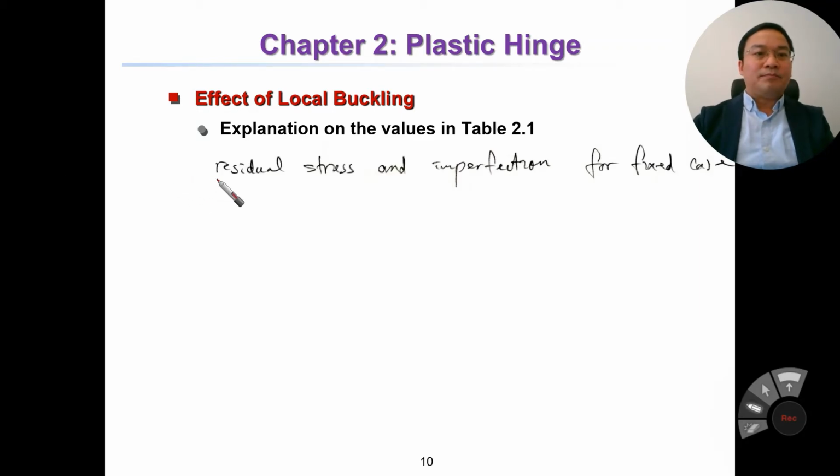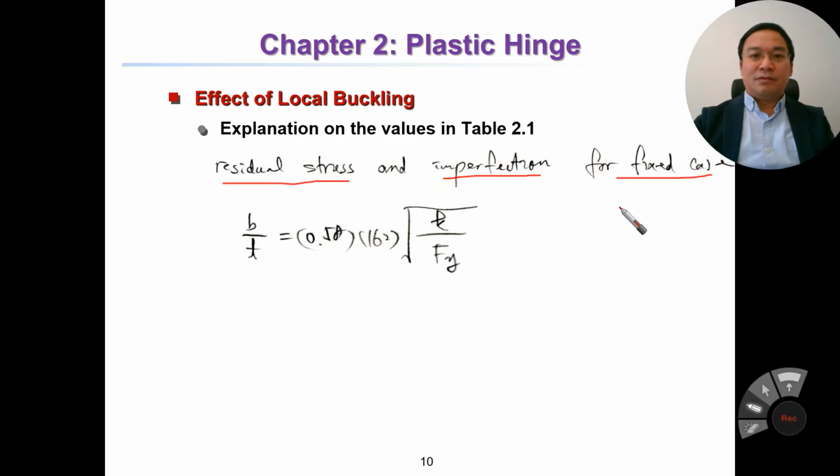For the residual stress section, you know, the section has residual stress and imperfection, the column with imperfection. For the fixed case, we have b over t, lambda, equal to, because of residual stress and imperfection, multiplied by the original equation as in the previous explanation, right?